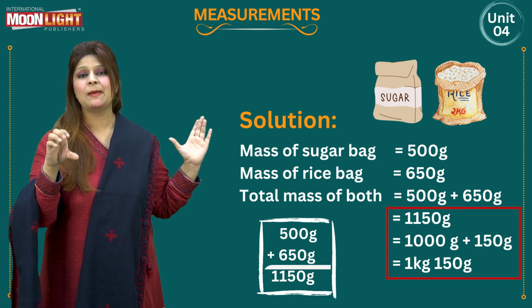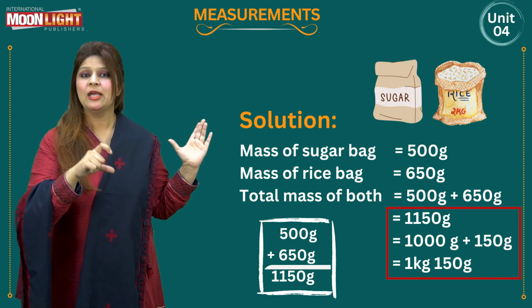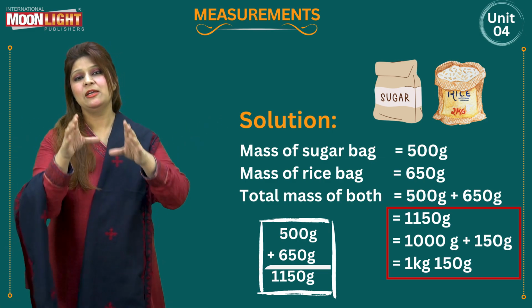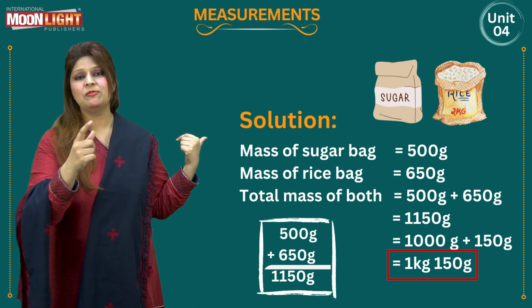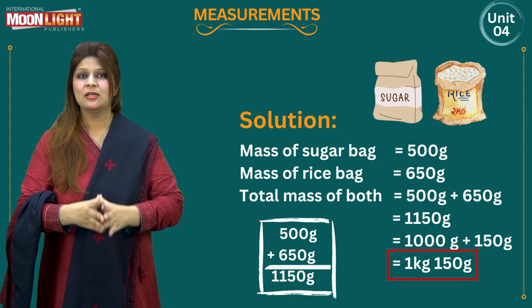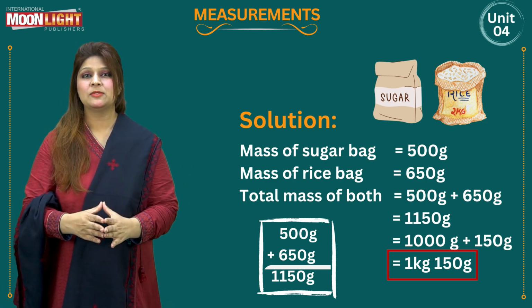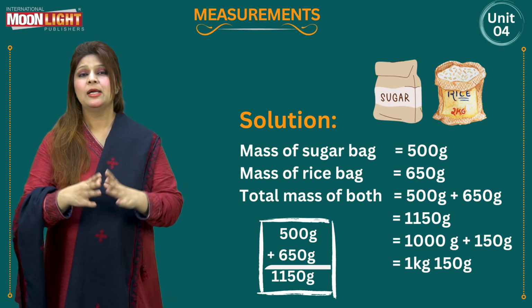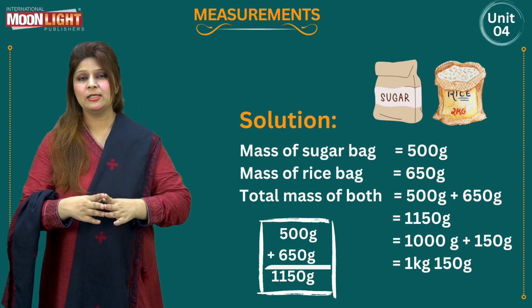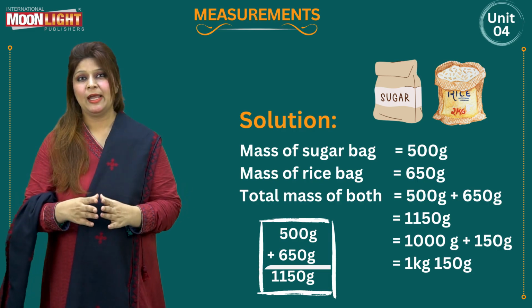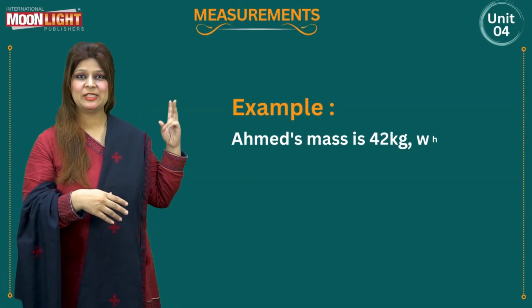So 1000 gram means that this is 1 kg and 150 grams will be written separately like this. So 1 kg and 150 grams is my answer in kilograms and grams. Whenever you have a number bigger than or more than 1000, you are going to write it down in kilograms and grams. Now we are going to solve second example.